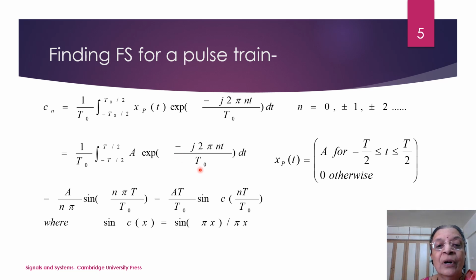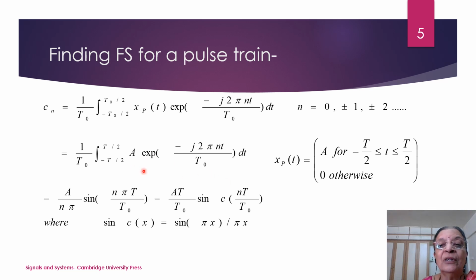So I will have upon n pi, the negative of e raised to minus j pi n T upon T0 minus e raised to j pi n T upon T0.